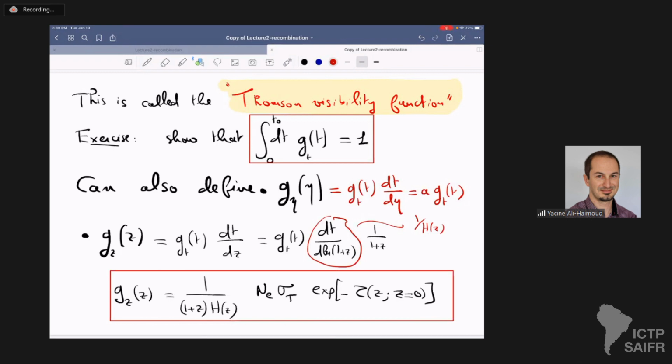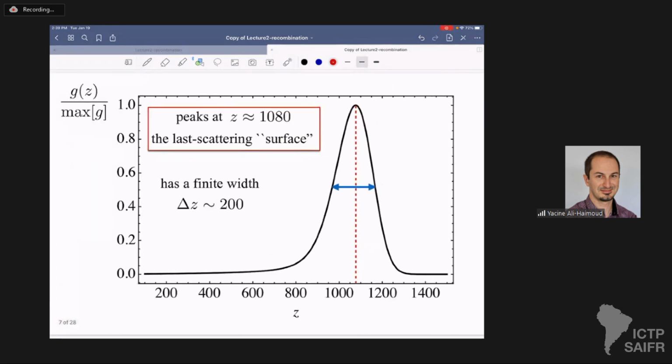All right, so this is the visibility function, i.e. the PDF of scattering for photons. Now, if you compute the free electron fraction very accurately, and I'm going to tell you how one goes about computing this free electron fraction, what you find here, where I'm plotting the visibility function normalized to its peak, is that it peaks around redshift of approximately 1080, which is approximately 1100, which is why we say that CMB photons come from redshift 1100.